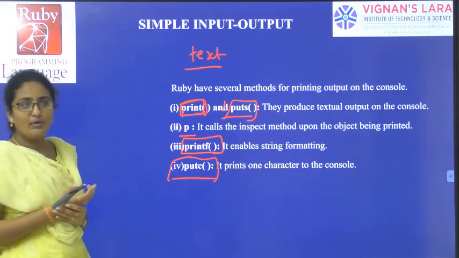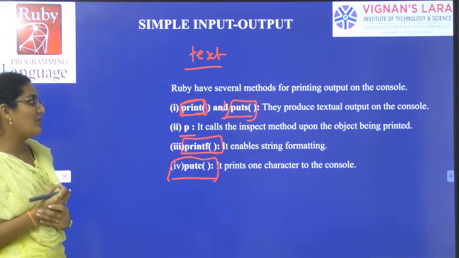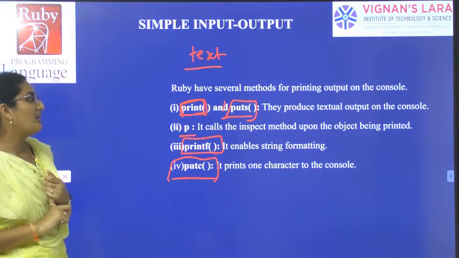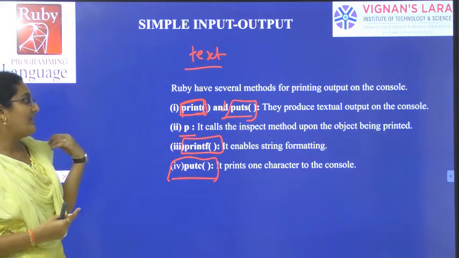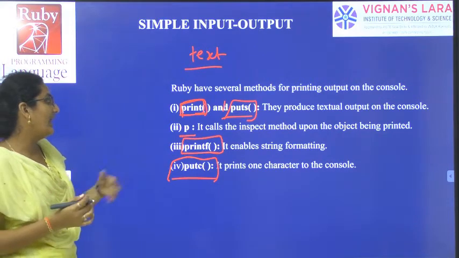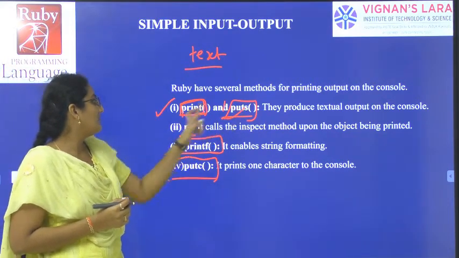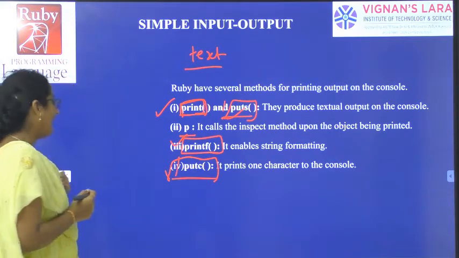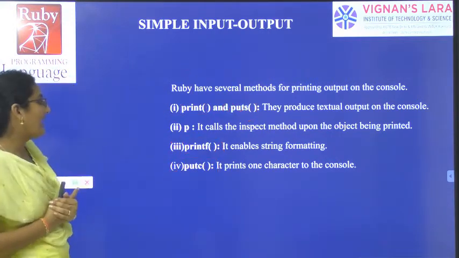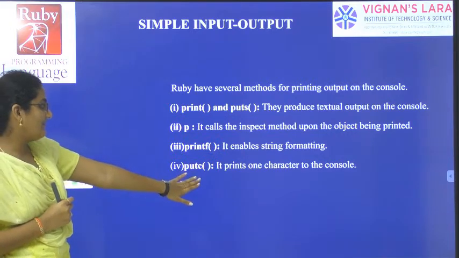So in Ruby programming, we have methods for inputs and outputs. For giving outputs we have print, puts, printf, putc. If you want to give one character as output, the putc method is used.